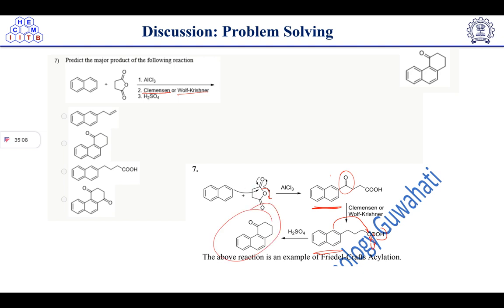So this is an example of Friedel-Crafts acylation reaction. As I told you, in acylation, sometimes an acyl group is used and sometimes acid anhydrides are used. So this is an anhydride, right? Anhydride. So this is succinic anhydride. Okay.